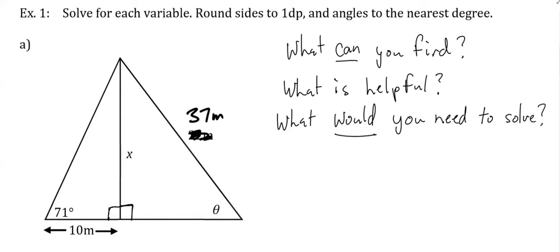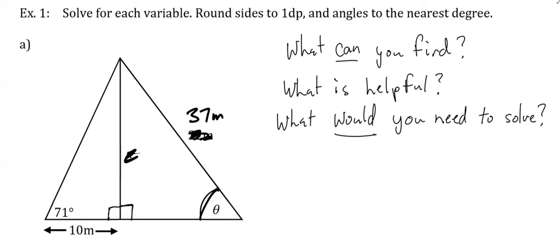This first question's not super clear. This first question is a bit easier than some of the ones you're going to do because it kind of does the thinking for us. But for example, if I didn't have x here and I only had to find theta, I can't find it directly with the information that I'm given.